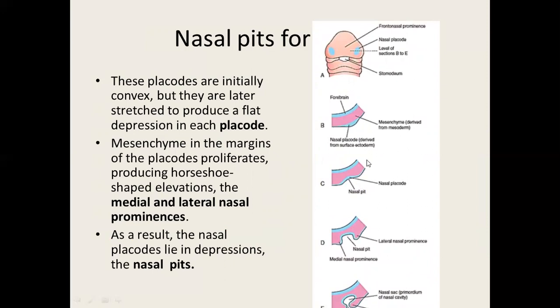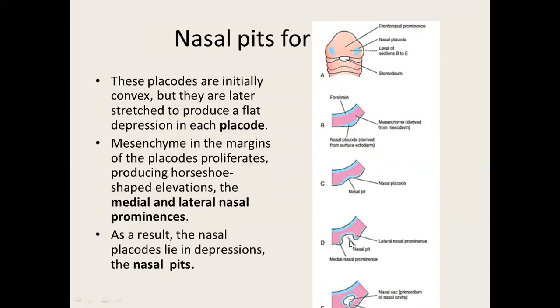But in due course of time, the surrounding mesenchyme also starts proliferating. So these nasal placodes first get stretched and then start sinking into the underlying mesenchyme, producing adjacent elevated parts. It will give rise to a median nasal prominence and a lateral nasal prominence around a nasal pit. This is of one side.